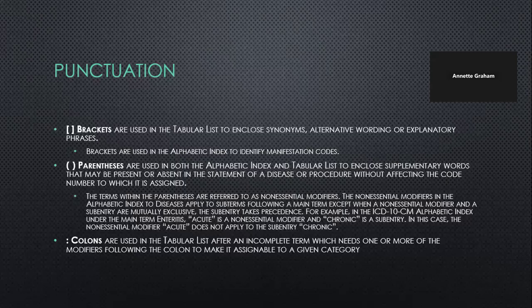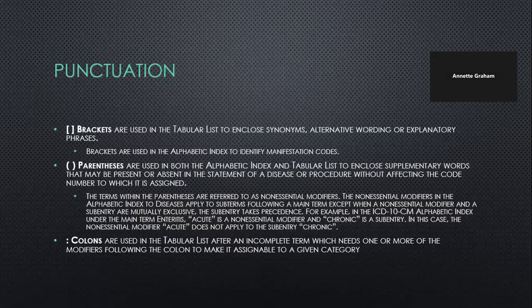That means the subentry takes precedence. For example, in the ICD-10-CM alphabetic index under the main term enteritis, you will have acute as the non-essential modifier and chronic as a subentry. In this case, your non-essential modifier for acute does not apply to the subentry chronic.